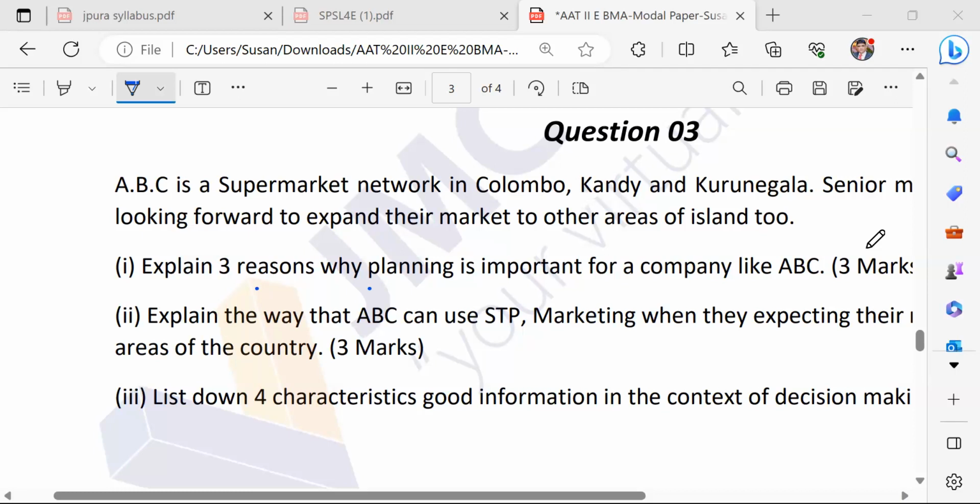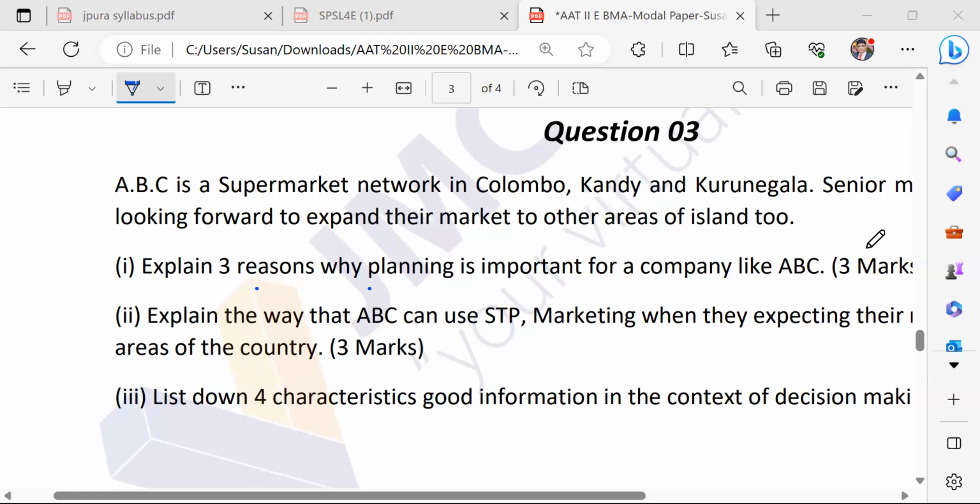Targeting means we can identify different areas. Under targeting, the organization can think about the target market, the areas in which we are going to provide services.